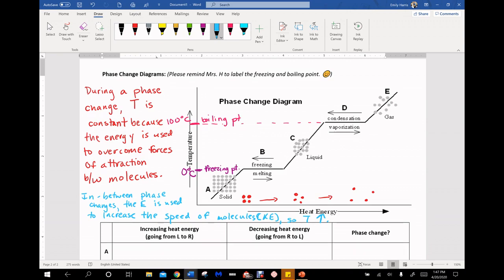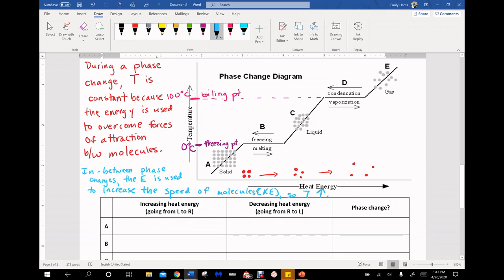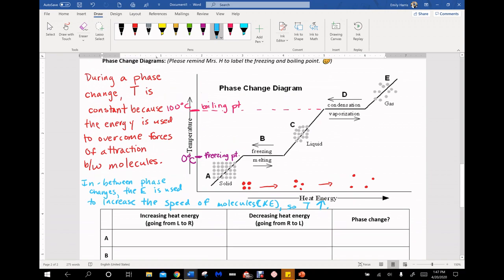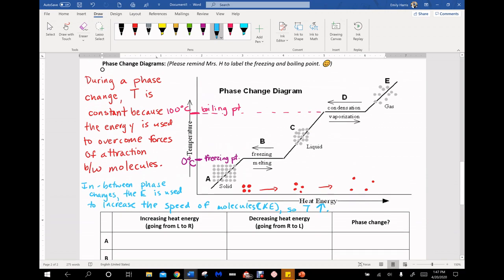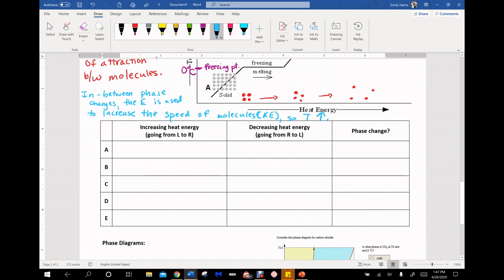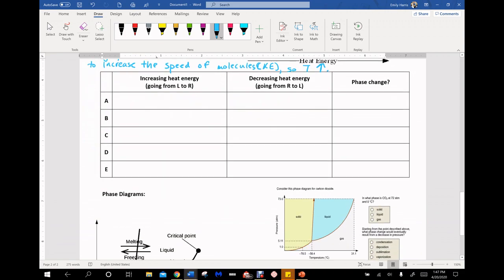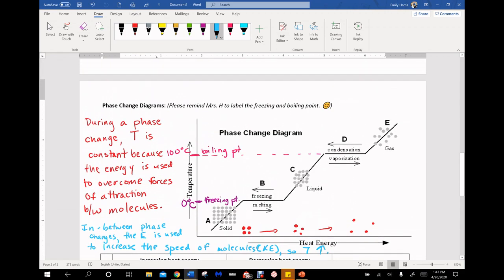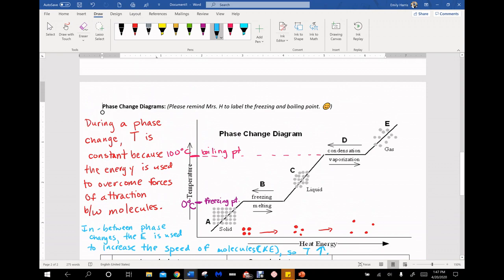All right. And so you've got our graph already labeled, so we're going to skip this little table. But just know as we go from left to right, we're adding heat energy. As we go from right to left, we're decreasing the heat energy. All right. So now the last part of this lesson is we've talked about a phase change diagram.